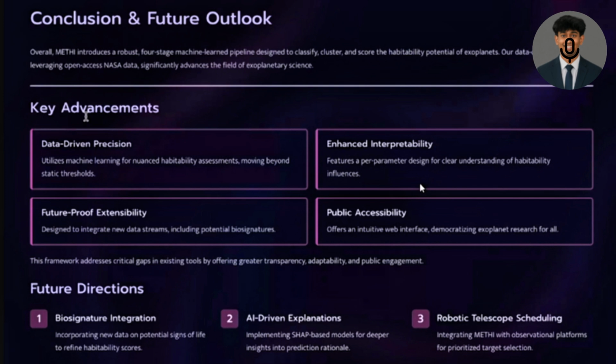Another thing is that METHI has an interface that people can always use, and it's very easy for it to be streamlined into the future because we're using machine learning and it can always be added onto. Now, like I said, for future directions, biosignatures is another new parameter that's very easy to implement using what we have right now.